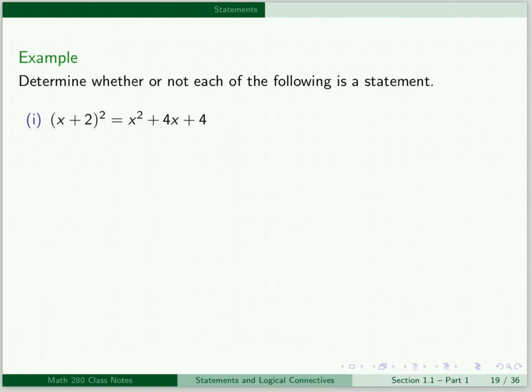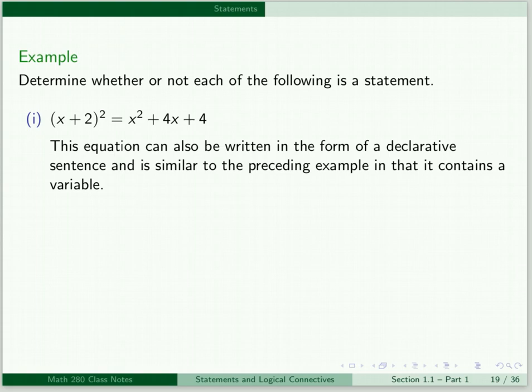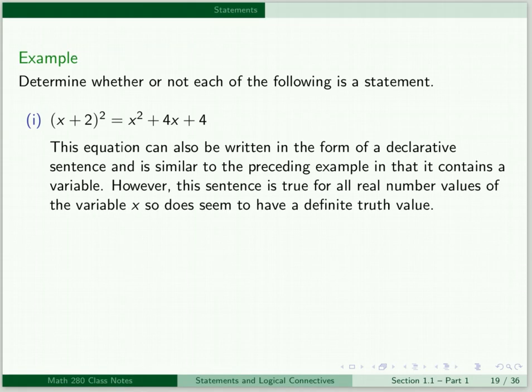Next we have (x plus 2) squared equals x squared plus 4x plus 4. This equation can also be written in the form of a declarative sentence and is similar to the preceding example in that it contains a variable, x. However, this sentence is true for all real number values of the variable x, so it does seem to have a definite truth value.